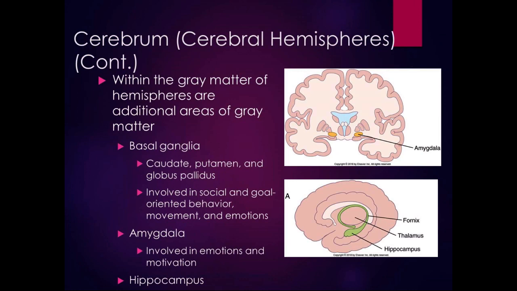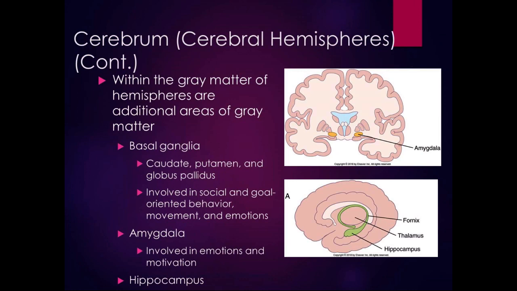You don't necessarily have to know those right now, and we'll definitely talk more of them in the basal ganglia chapter. But a ganglion is a group of neurons, and so this is a group of groups of neurons, if that makes sense. And they're involved in social and goal-oriented behavior, movement, and emotions. So those are all very important areas as human beings.